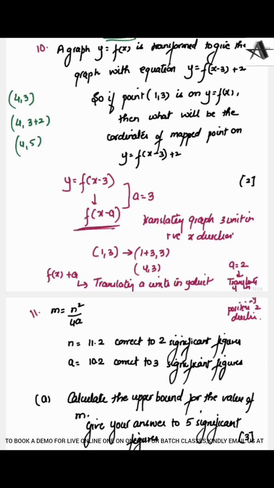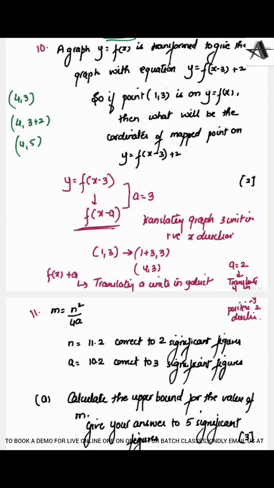That means the whole curve you are translating in the positive x direction by 3 units. Whereas f(x) plus 2, with the a after it, means you're translating in the y direction, positive 2.